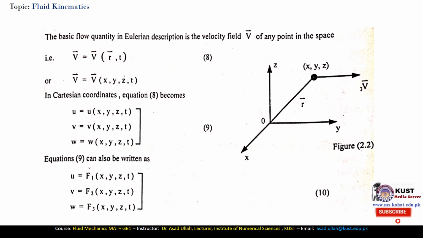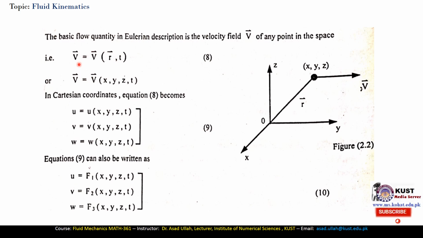Now the basic flow quantity in the Eulerian description is the velocity. So velocity depends on the position vector r and time t as given in equation number 8. Now we can replace this position vector r by its components x, y and z as given here. Now in component form, equation 8 can be written in the form of equation 9.